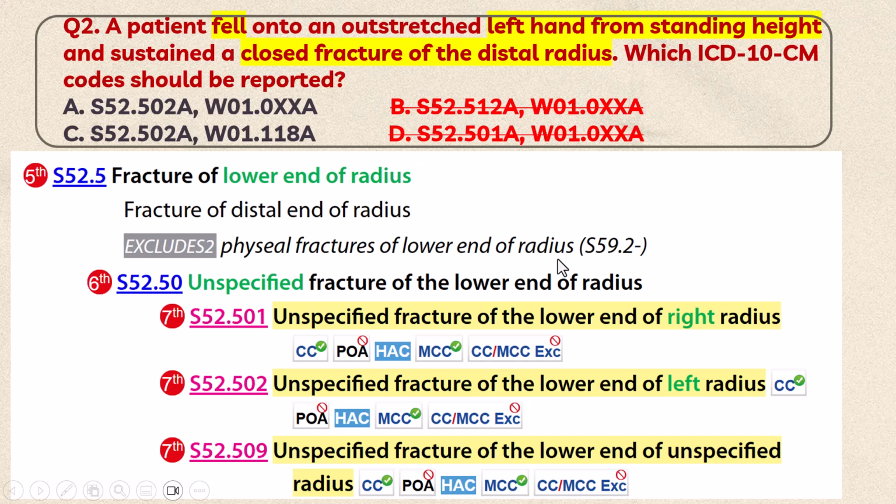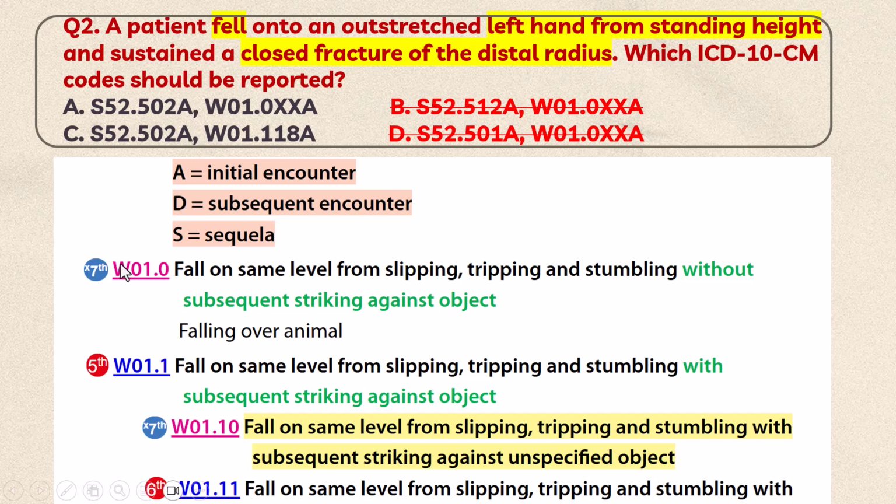Let's go to the external cause of injury codes. W01.0 is fall on the same level from slipping, tripping and stumbling without subsequent striking against object. The other code, W01.1, is with subsequent striking against an object.